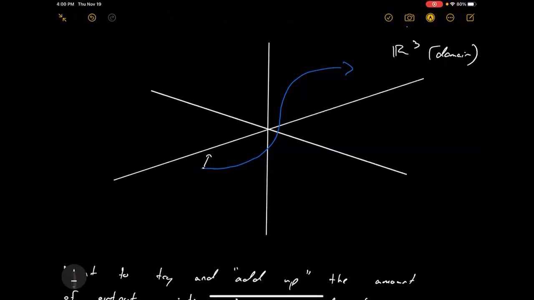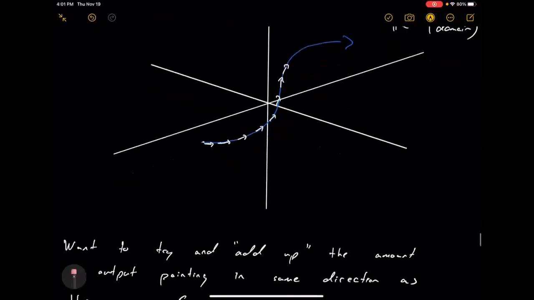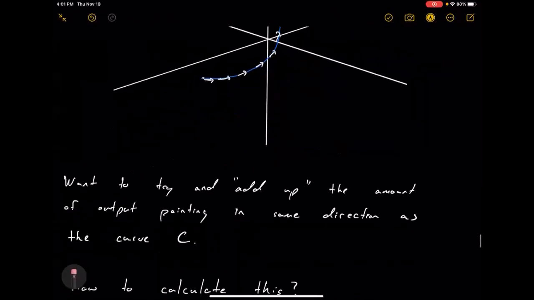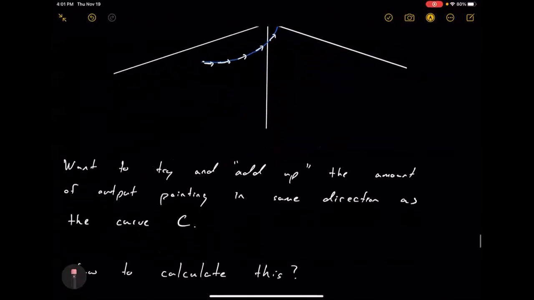This vector is pointing off this way, but it is pointing to some extent along my blue curve. So I want to figure out how much of those outputs are pointing along my curve, and add up all those outputs along the curve. That's essentially what this line integral of the vector field is going to give us.